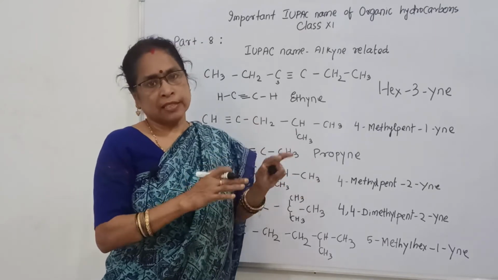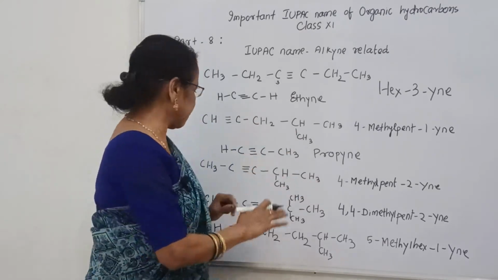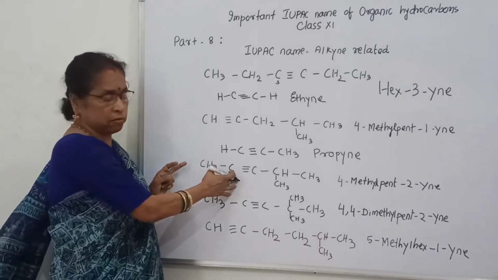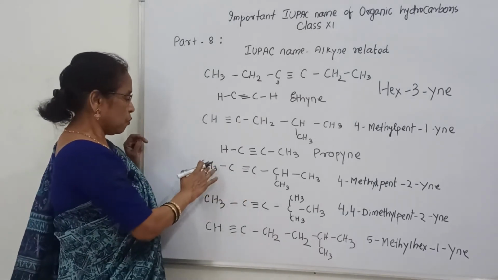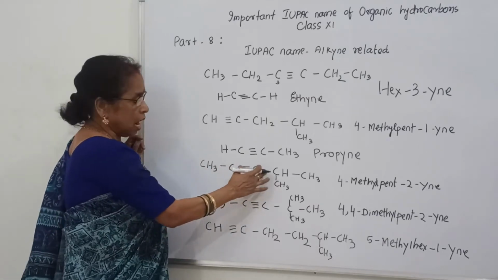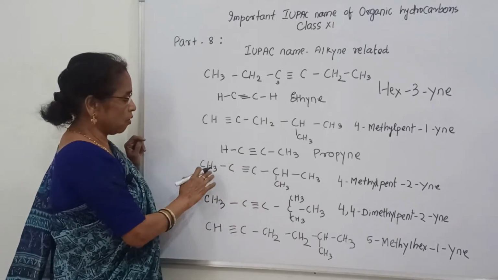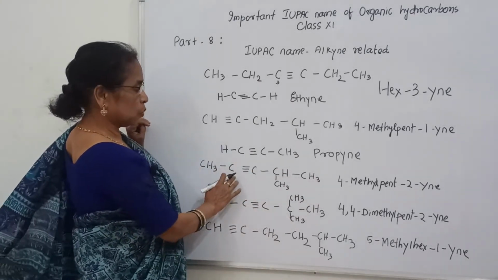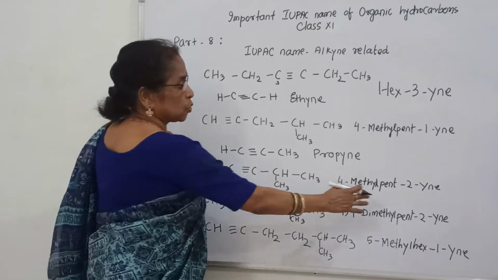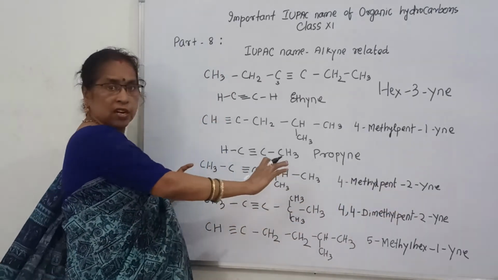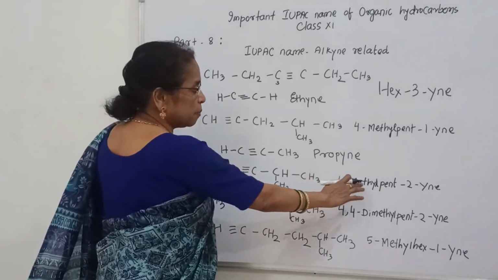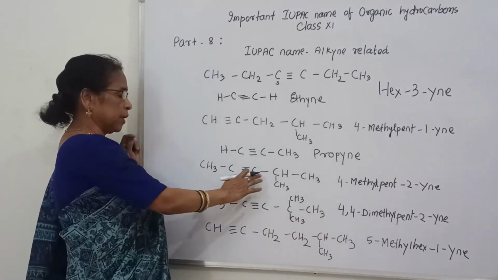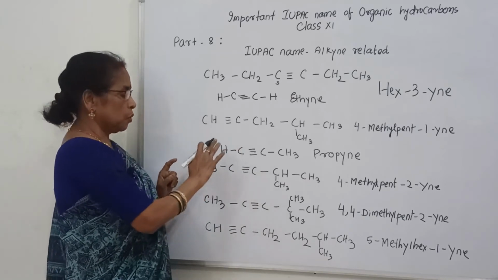Triple bond, 3 carbons, propyne. Then come to this one, again check where the triple bond is, and from which side you will count. 1, 2, 3, 4. After 1, 2 there is a triple bond, so 2-yne, and that is the longest carbon chain, 4-methylpent-2-yne.